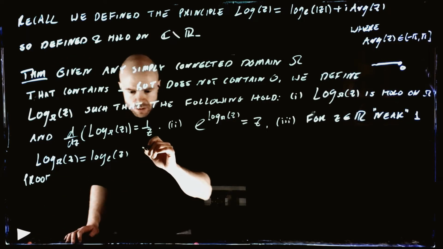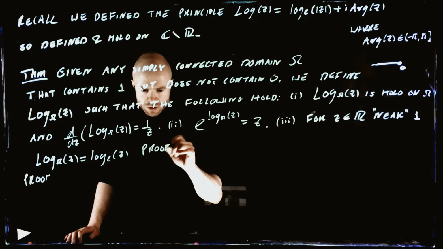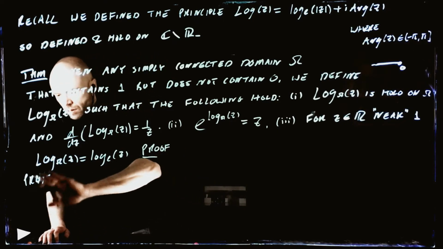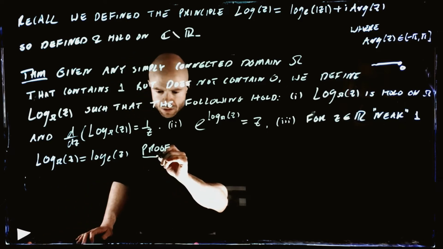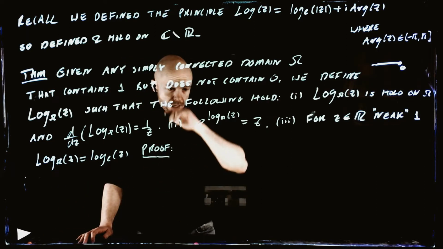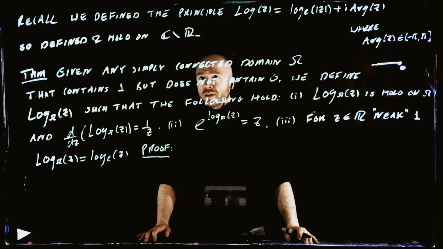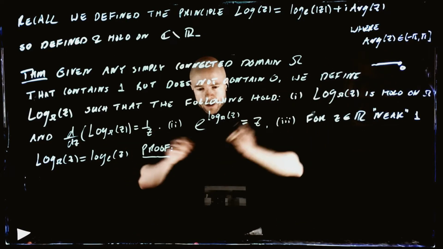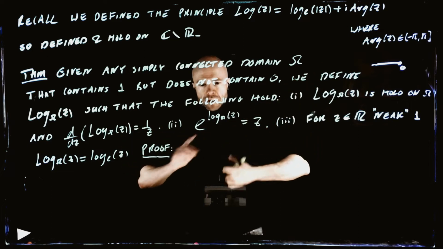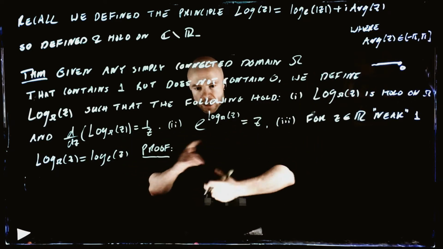All right, proof. So what is the big deal about having a simply connected domain? It's that we can have any two paths with the same endpoints being homotopic, and therefore have the same integral.